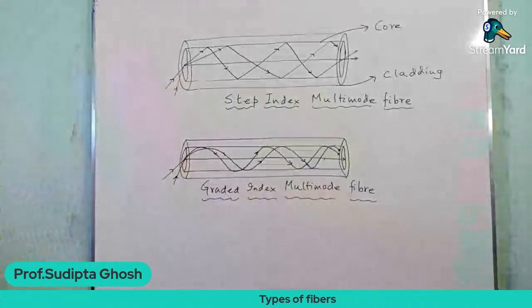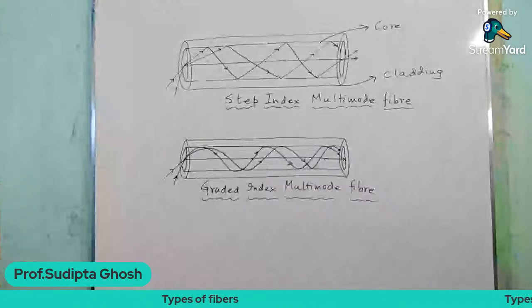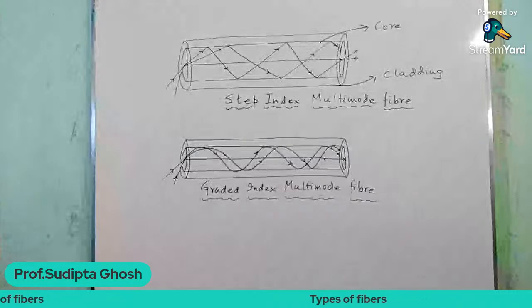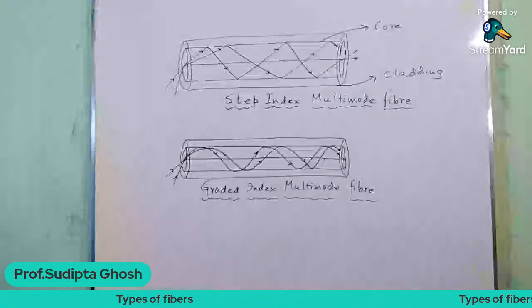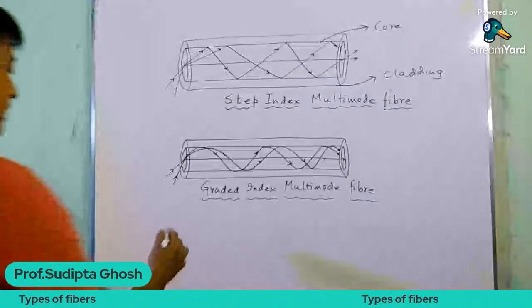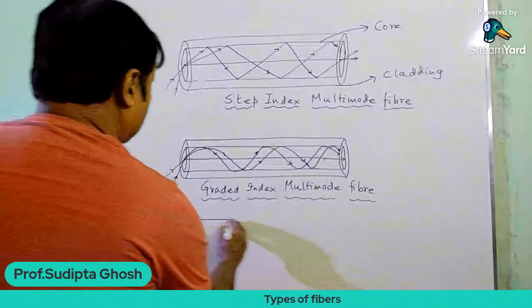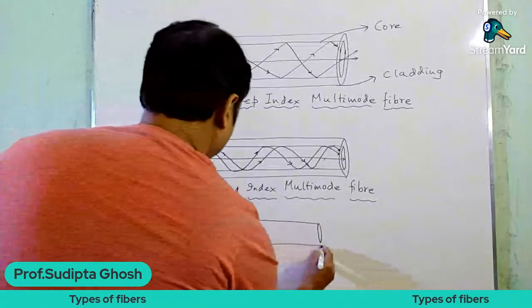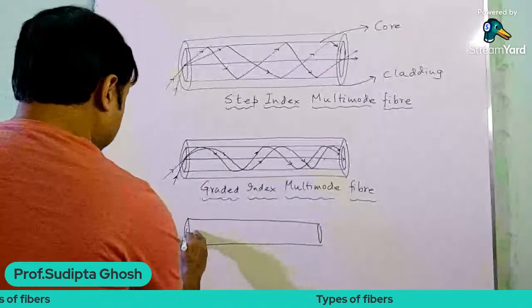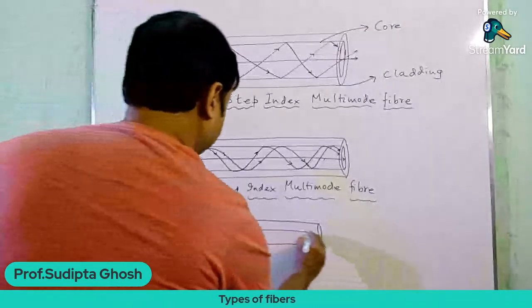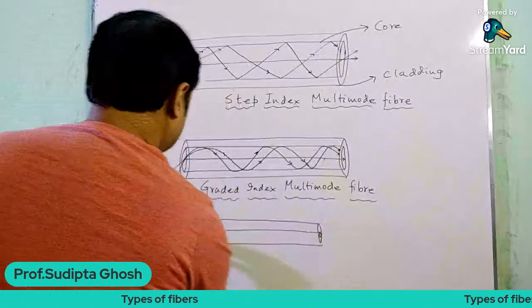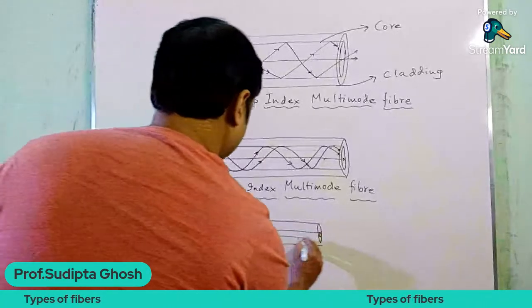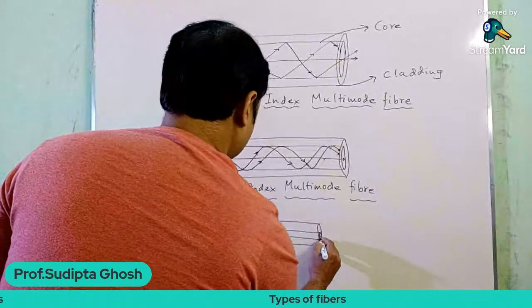I have not shown the monomode fiber here. Now, a monomode fiber is a fiber in which only a single mode of propagation is acceptable. So a fiber in which only a single mode of propagation is allowed is a monomode fiber. And you can see that a monomode fiber will look like this.